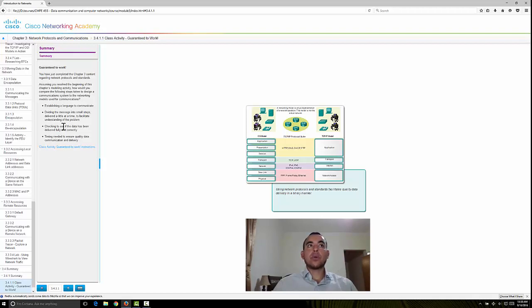Then we talked about protocols and standards: protocols being the set of rules that govern the communication, and standards being internationally approved sets of rules that specify the functionality of a specific protocol. We also talked about the protocol suite, the protocol model and the reference model, and the differences between them.